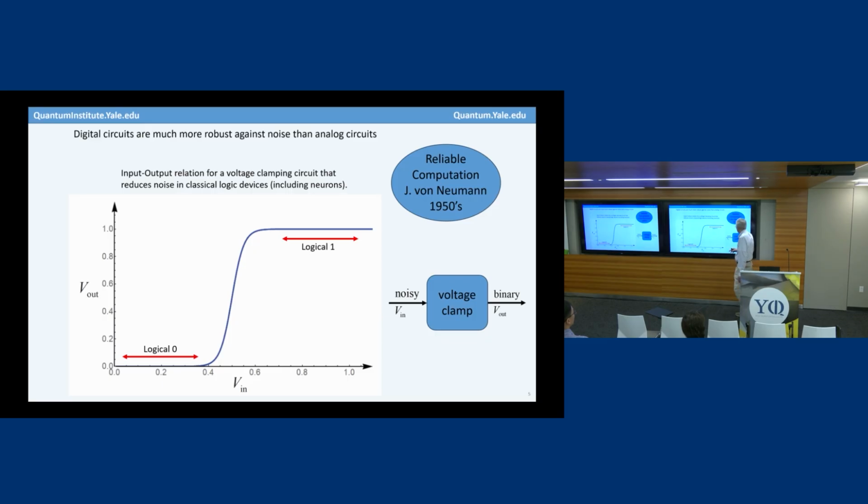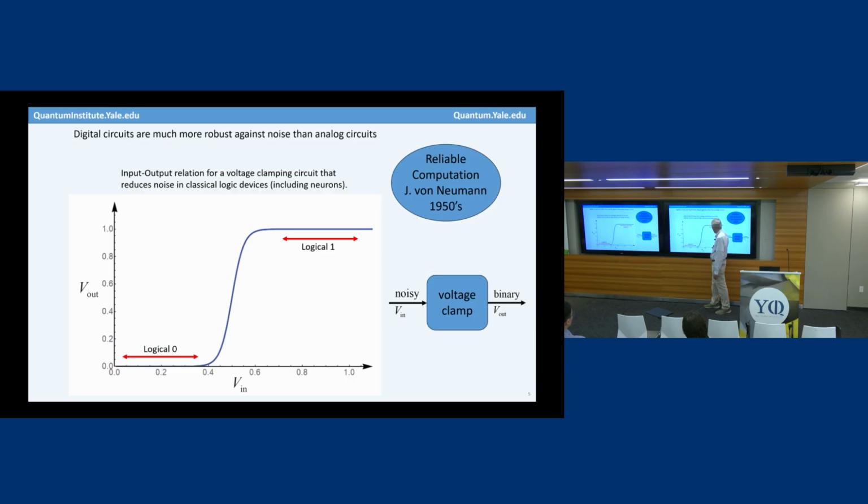If you have a noisy input voltage, the voltage clamp will convert it to a binary output. So here's the input voltage, 0 to 1 volt, say, and here's the output voltage of the voltage clamp. Anything below a half, the output is very close to 0, and anything above a half, the output is very close to 1.